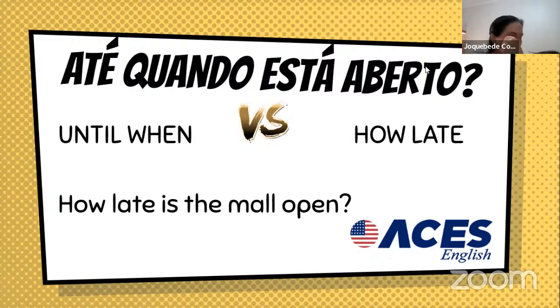So, we can use until when for times, for horários. We can use it for dates. We can use it in almost every situation where how late, se não for quão tarde alguma coisa está. So, how late am I? Quão atrasado, quão tarde eu estou? So you can use it in that situation. But usually when we use how late, usually it's going to be when we're talking about time.